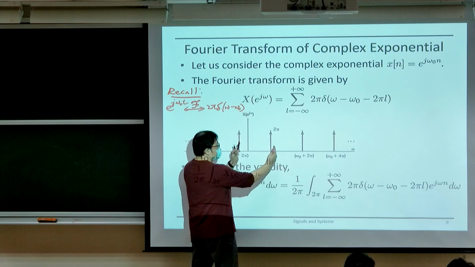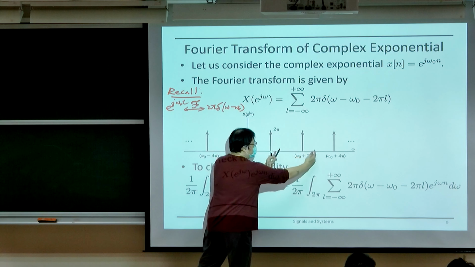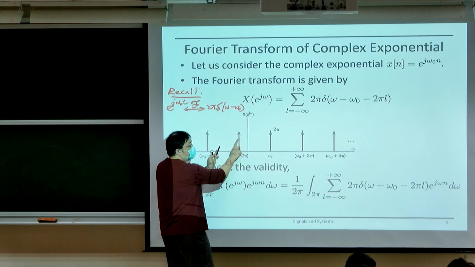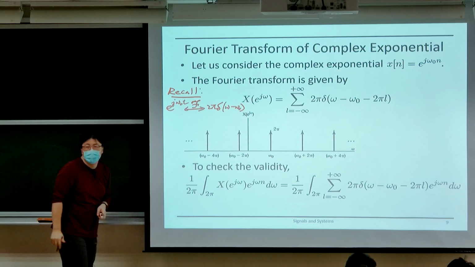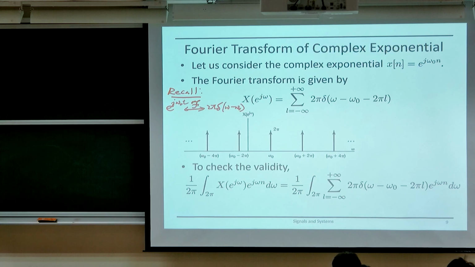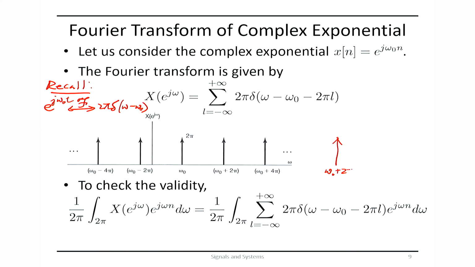But if I integrate over a 2 pi range, no matter how I shift, I'm always going to cover one of the delta functions. So suppose I cover this rth replica, at omega naught plus 2 pi r.